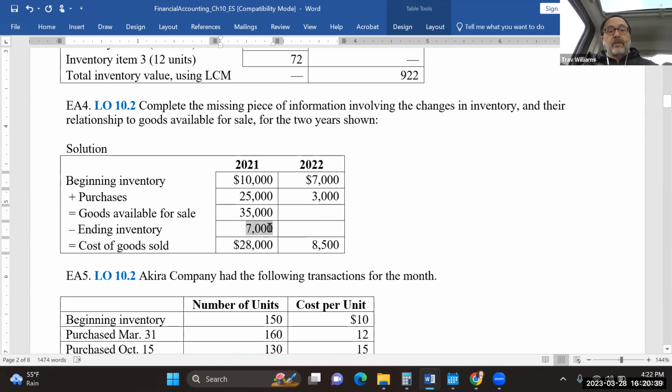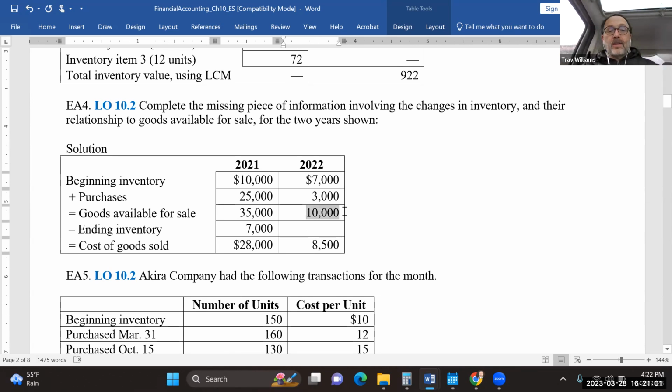Now notice their ending inventory for 2021 becomes their beginning inventory for 2022. Then they purchase $3,000 more of inventory, bringing them up to $10,000. So then we have to figure out what is their ending inventory.